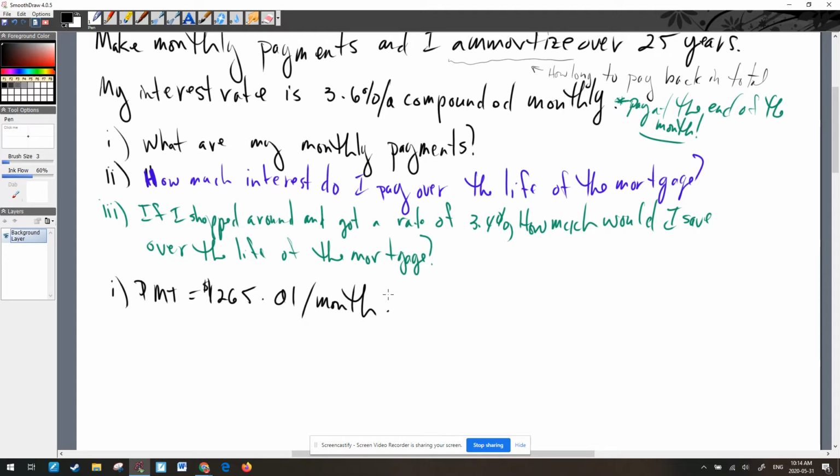Second question, how much interest do I pay over the life of the mortgage? We know that our payments are this much, and I make 300 of them. So I'm going to take my monthly payment, $1,265.01, and multiply by how many payments there are, 300.